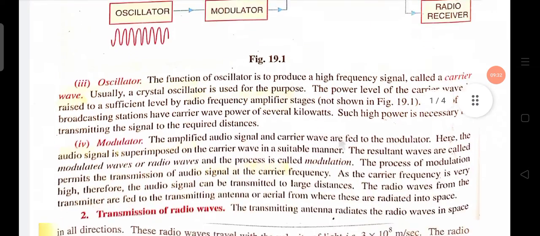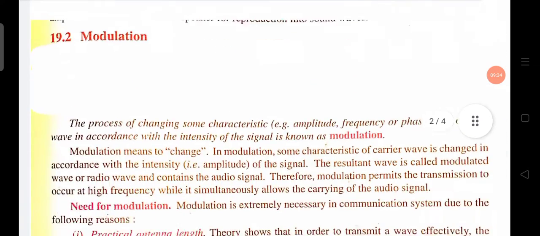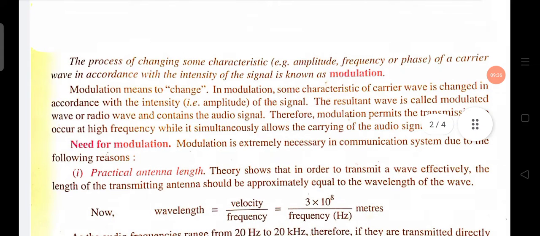Now let us see what is modulation, and the need of modulation. Modulation is the process of changing some characteristic, that is amplitude, frequency and phase, of a carrier wave in accordance with the intensity of the signal.